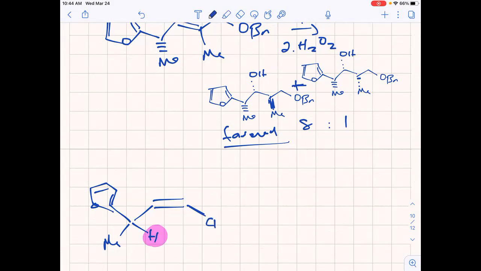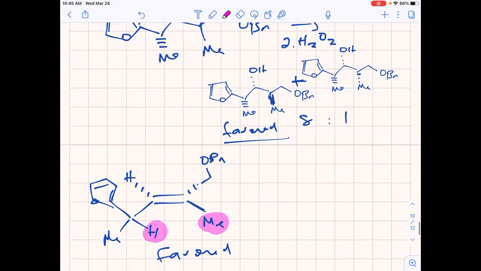You can see right away it's the inside A13 interaction that we're concerned about. That's going to either destabilize or stabilize this substrate. So this is hydrogen, this is OBN, and this is favored. As you can see, that inside interaction is between a methyl group and a hydrogen.